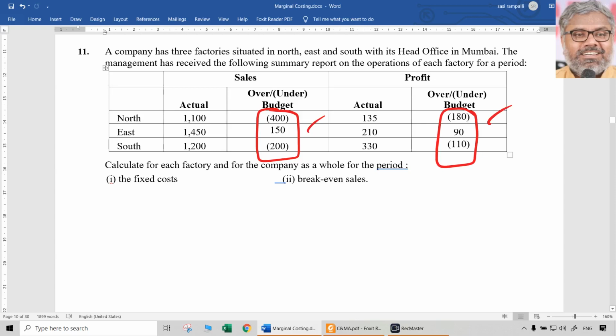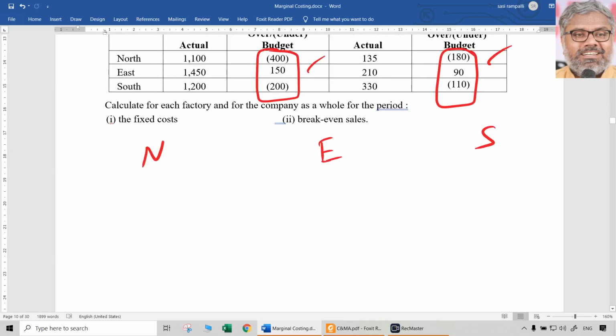So can we find out the PV ratio for each of the regions now using this data? Yes. North, East, South. Change in profit divided by change in sales. So what is the change in profit? 180 divided by 400 into 100. That means North 45% is the PV ratio.